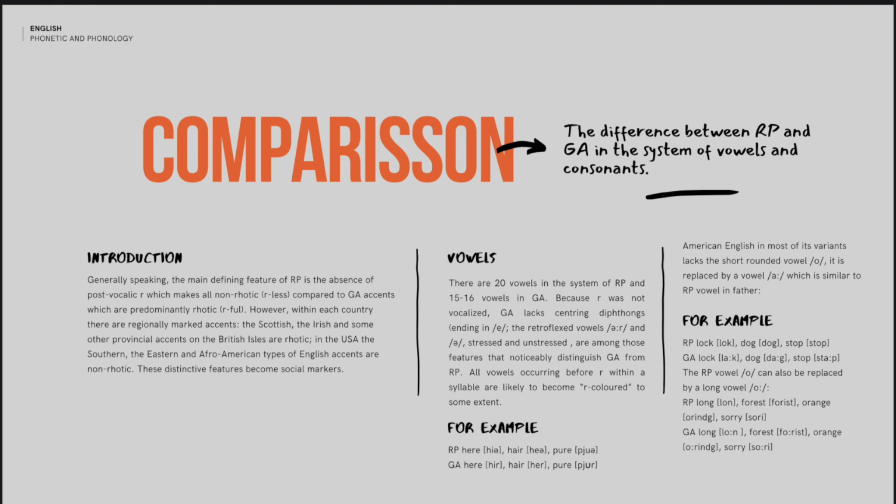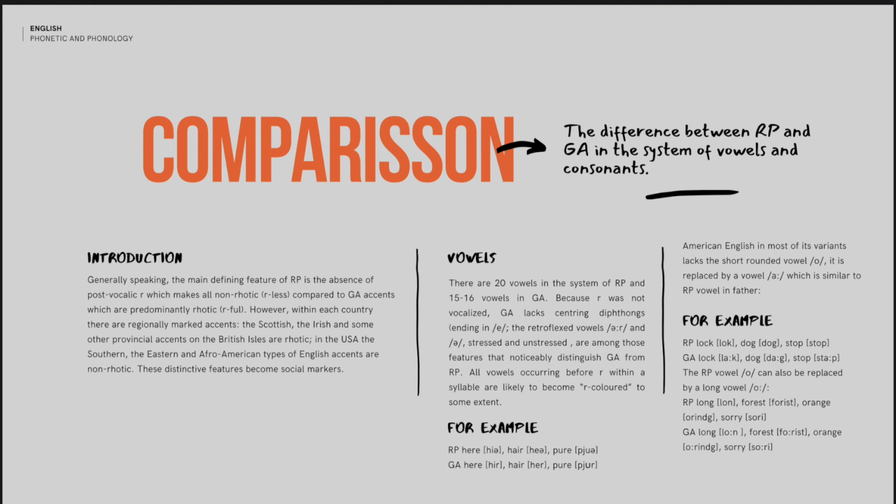All vowels occurring before R within a syllable are likely to become R-colored to some extent. For example, in RP, here is pronounced one way, and in GA, another. The same applies to the next examples, and to pure, which is pronounced differently in RP and in GA.